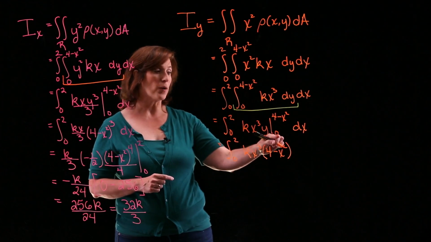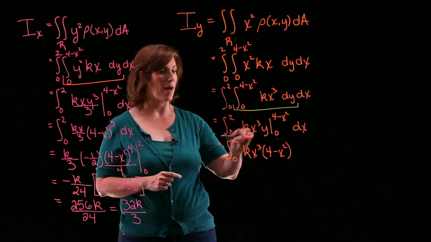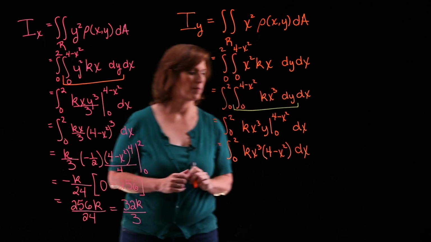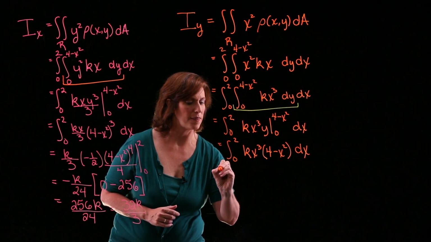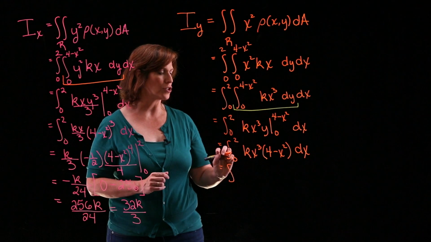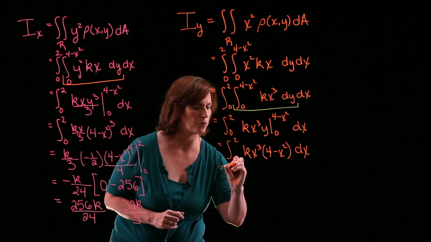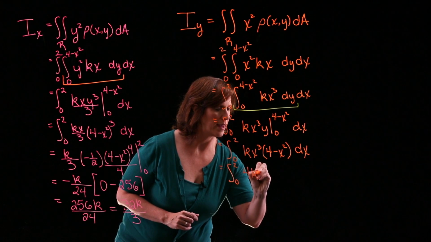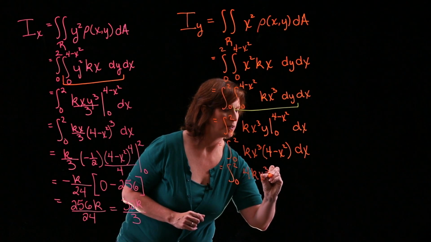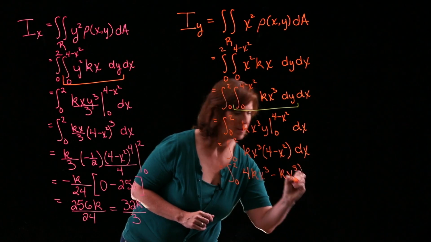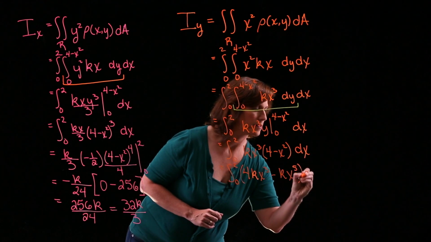Then I need to subtract what happens when I plug 0 in for y, but that just gives me 0. And on this one, I'm just going to distribute the kx cubed across. So I have the integral from 0 to 2 of 4k x cubed minus kx to the 5th dx.